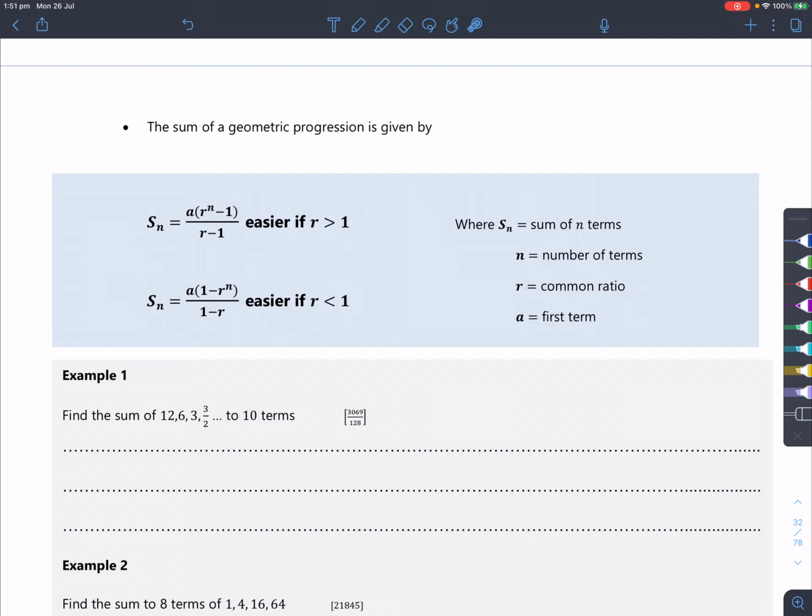Okay, whereas if the ratio is less than 1, then this will be positive on the bottom. Okay, so it doesn't really matter, honestly. Even if your ratio is less than 1, you can still use this one if you want to remember one equation rather than 2. Okay, so I'm just going to stick with the second one, actually.